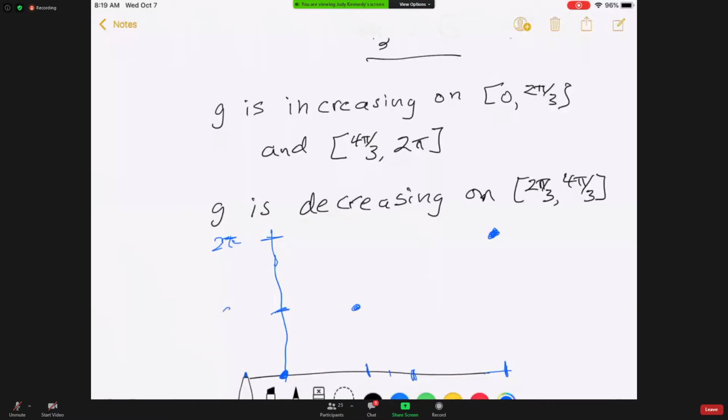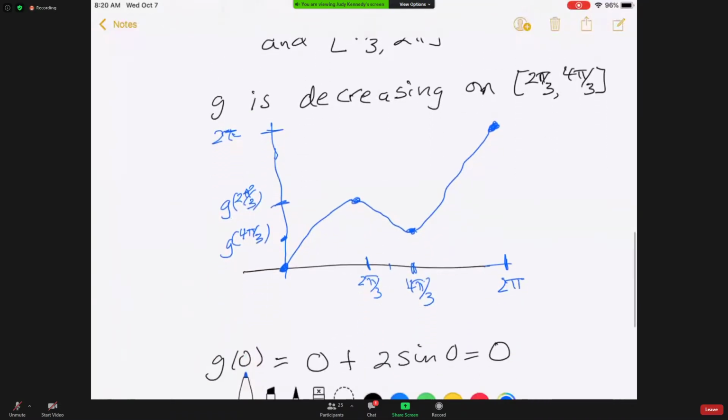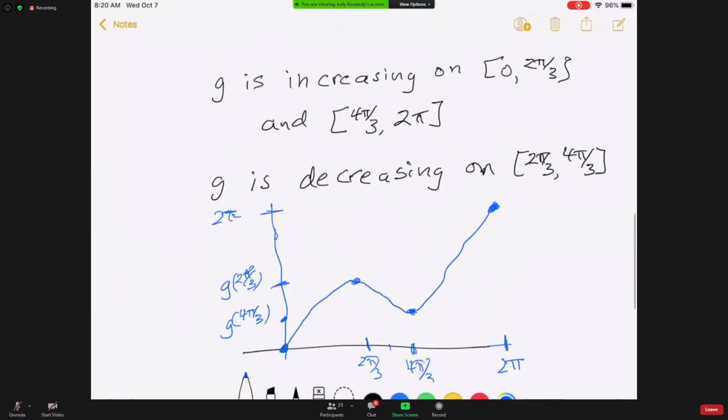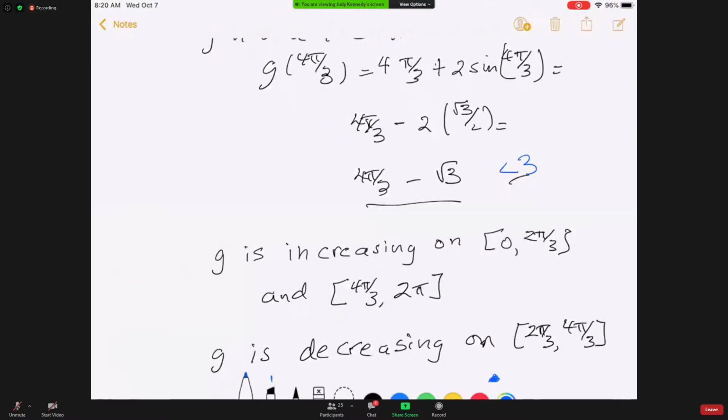It's G, that's G of 2 pi over 3. And then G of 4 pi over 3, put that below. So the function goes up, comes down, goes back up. And we squeeze a fair amount of information out of what the graph looks like from what the first derivative does. Any questions about that problem?